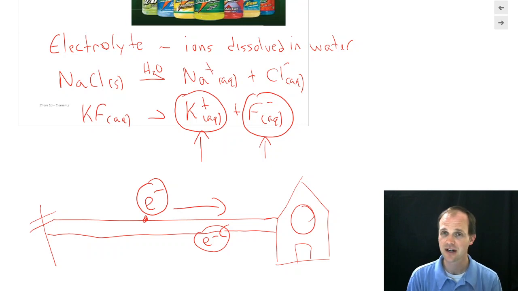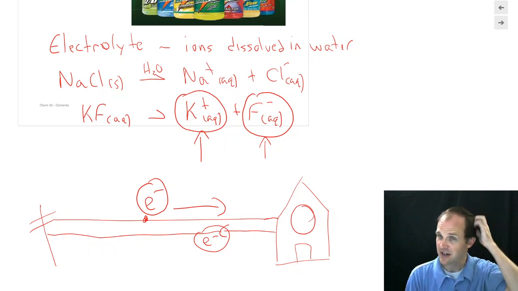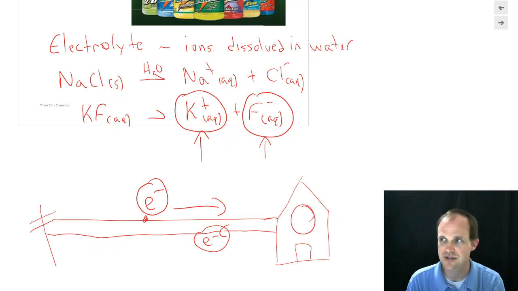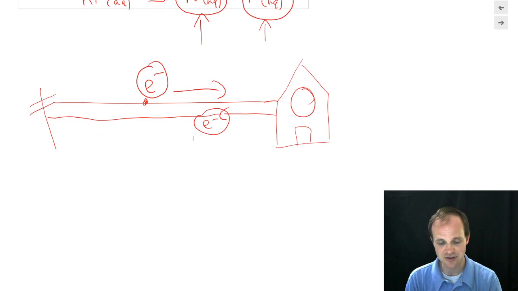But it turns out electricity is not limited to electrons moving through wires. And we know this because, of course, everybody knows that you never want to accidentally drop your hairdryer into a bathtub, because you'd electrocute yourself, because the water in there is going to conduct electricity. And there's no electrons floating around in water. So how is it that water can conduct electricity? Well, in the tap water that we have, there isn't just water.